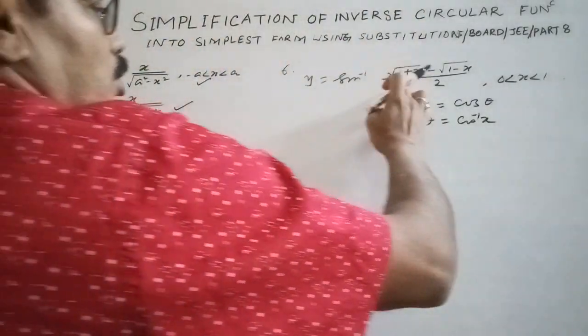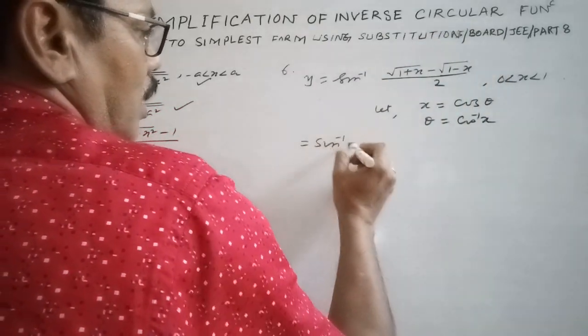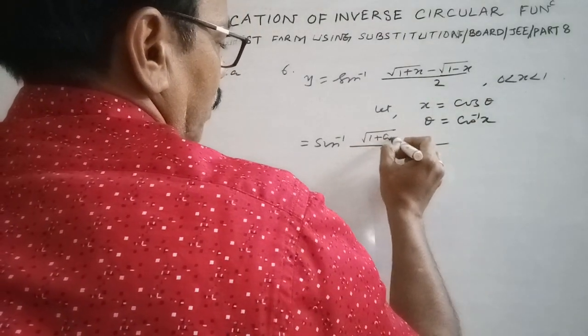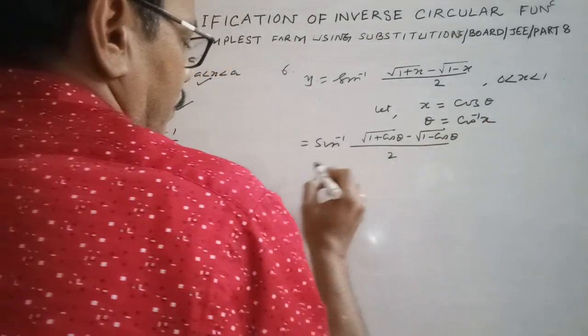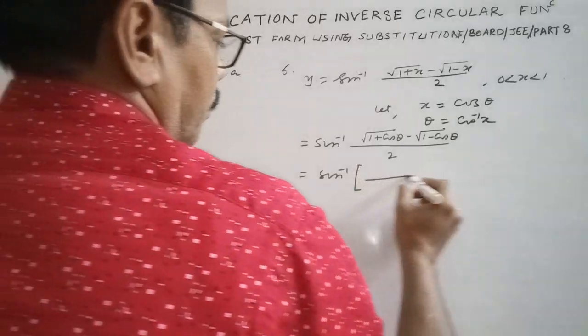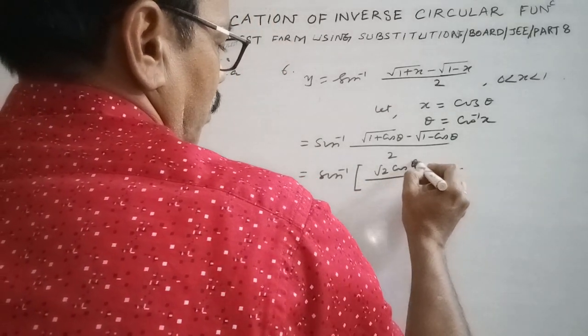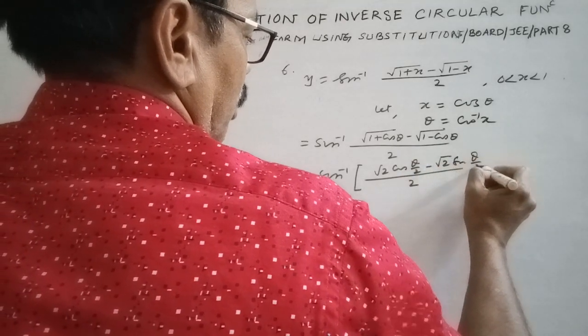Then try to omit the root. So sine inverse of root over 1 plus cos theta minus root over 1 minus cos theta, over 2. Sine inverse of root 2 cos theta by 2 minus root 2 sine theta by 2, over 2.